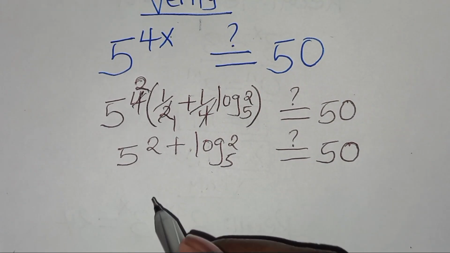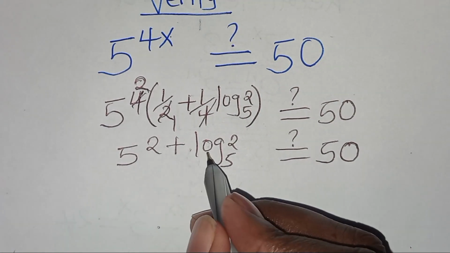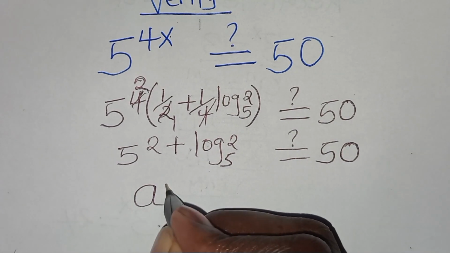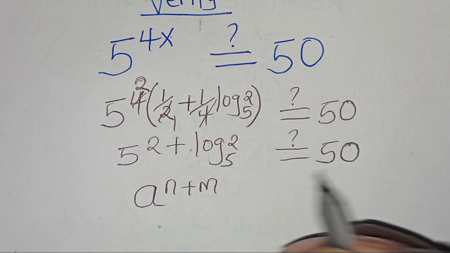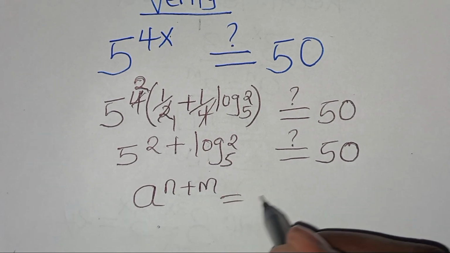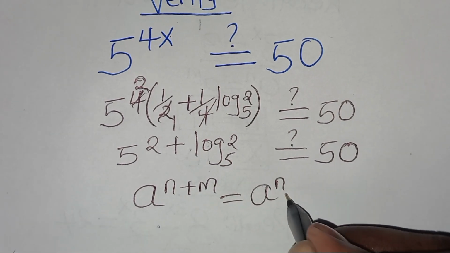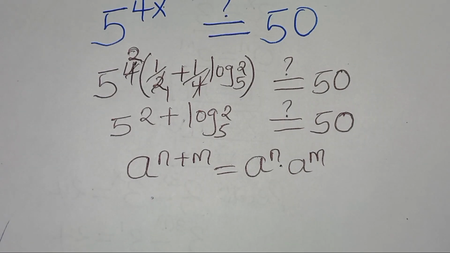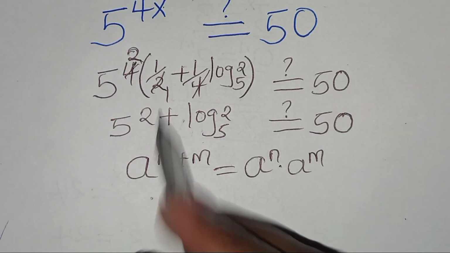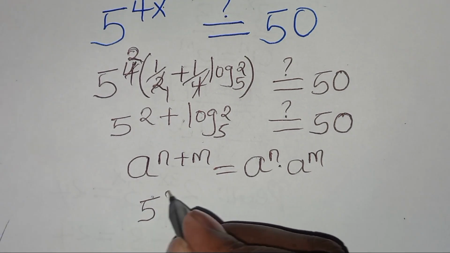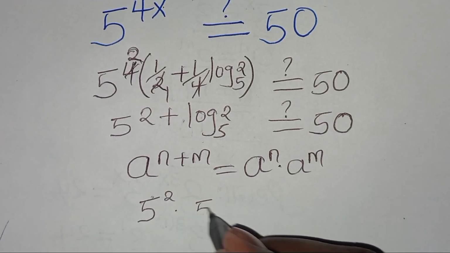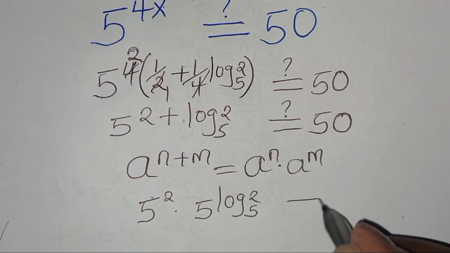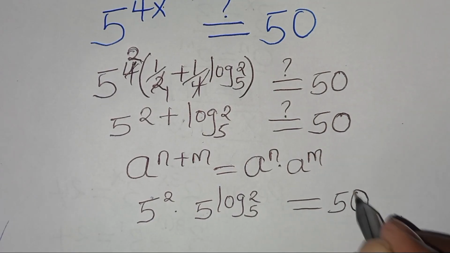The next step is that we have 5 to power 2 plus log 2 to base 5. This is in the form of a to power n plus m, which we can express as a to power n times a to power m. Applying this exponent property, here we'll have 5 to power 2 times 5 to power log 2 to base 5. This should be equal to 50.